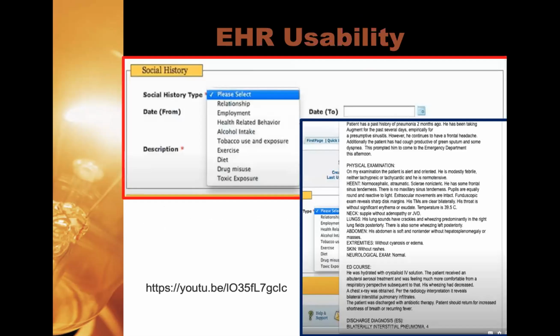So here's an example, and this was the example this particular person used, and I put the YouTube link there. You can go and listen to her discussion. Again, the comparison: at the top part of the screen in red, they're collecting social history. In the electronic healthcare record, you have the drop down, you can select that, easy, right?